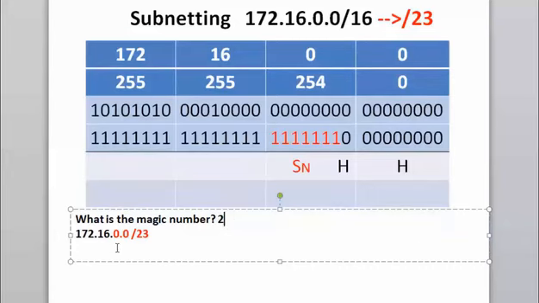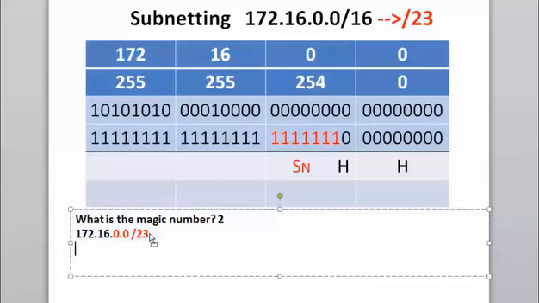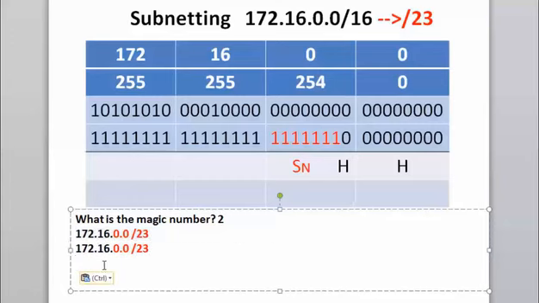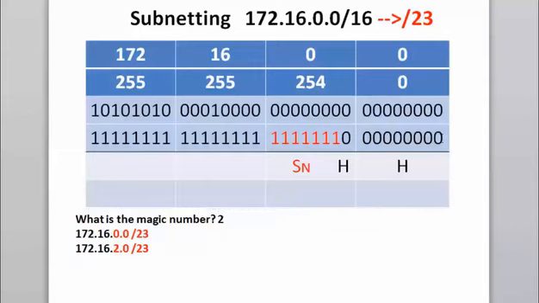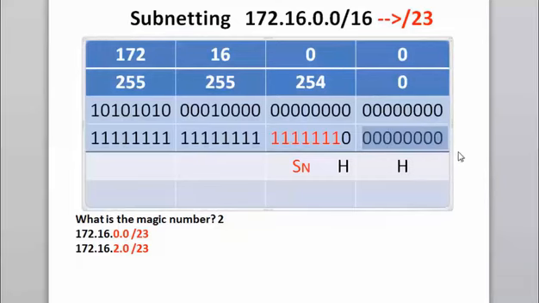So in other words, our first subnet will be 172.16.0.0 /23, and the next network will be 172.16.2.0 /23. The only difference is now, instead of 16 host bits like we would have had in a /16 network, we now have 9 host bits, so 2 to the 9th power, meaning we have 512 minus 2 would be 510 host addresses that we can assign.